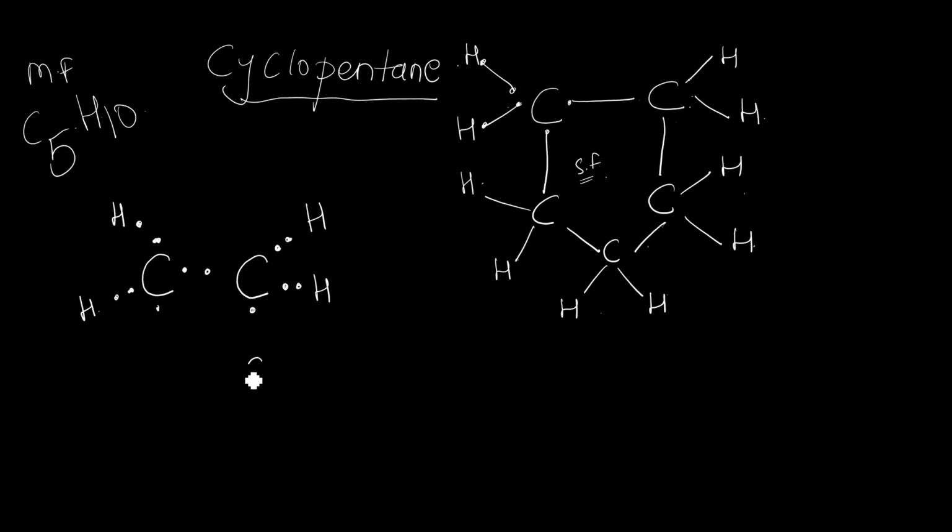Then this is bonded with this carbon, again 1 electron here, then 1 electron of carbon, 1 electron of hydrogen, 1 electron of carbon, 1 electron of hydrogen. Then this carbon is bonded with this carbon. So right here 1 electron of this carbon, again carbon and hydrogen, carbon and hydrogen, 1 electron of carbon. 1, 2, 3, 4, and one more carbon.